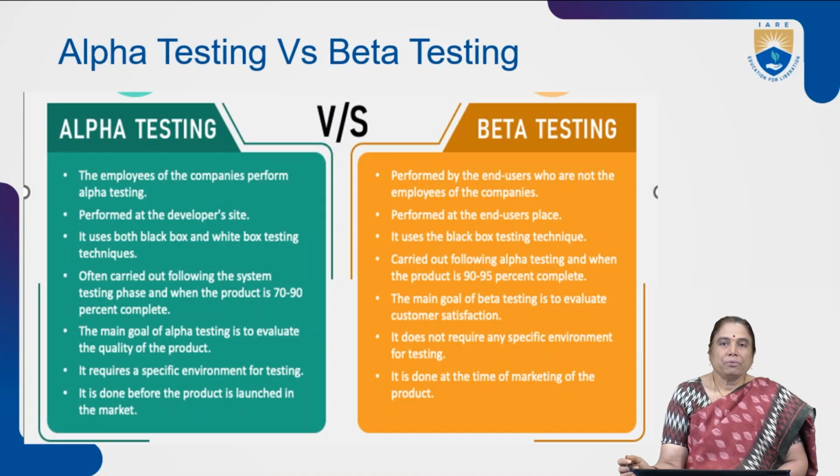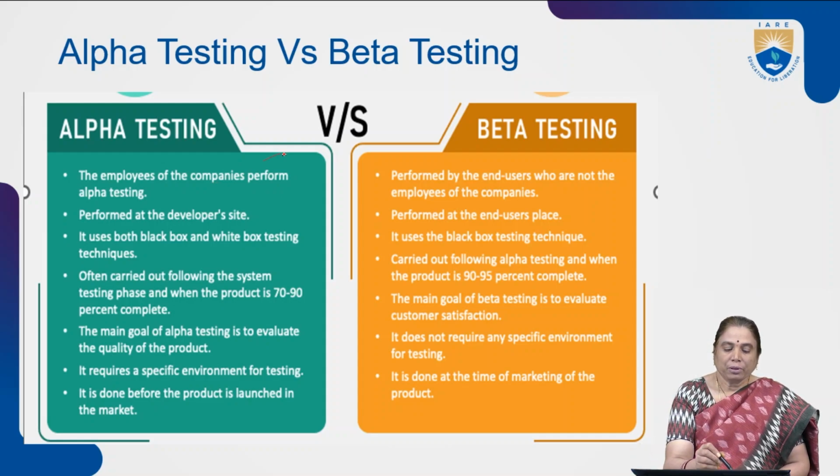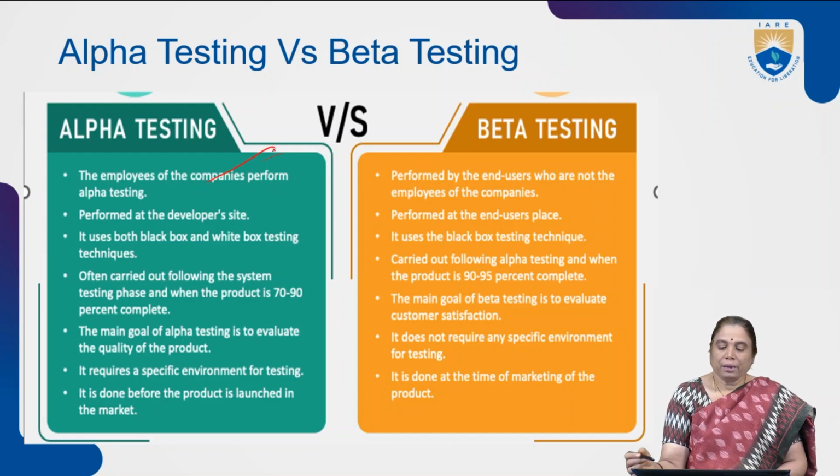What are the major differences between alpha testing and beta testing? Alpha testing emphasizes company employees performing the testing. Here a group of end users performs the beta testing. Alpha testing is performed at the developer's site, and beta testing at the end user's place.